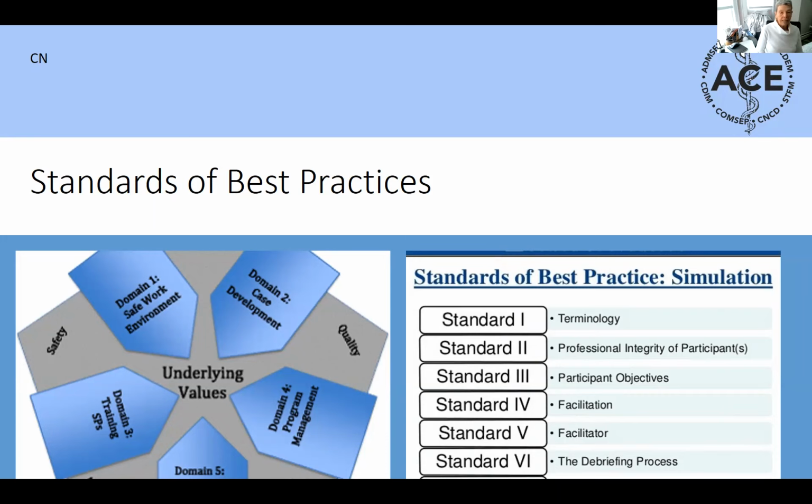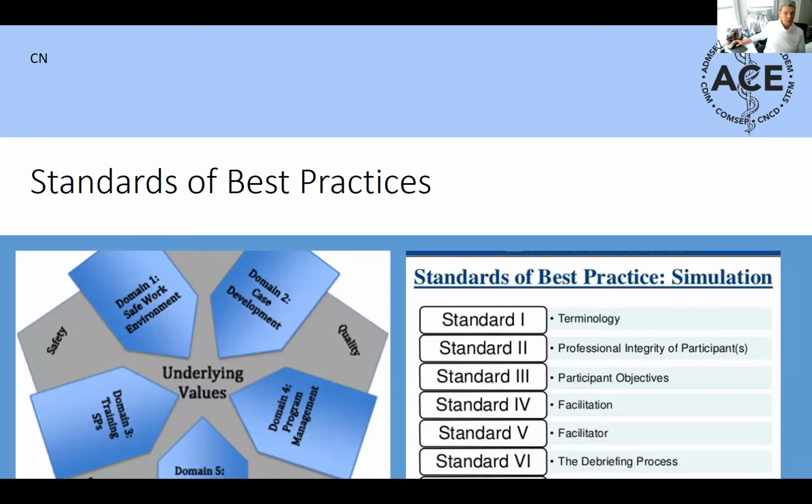That's been done by the International Nursing Association of Clinical and Simulation Learning, or INACSL. And best practices for SP educators in SP methodology has been developed by the Association for SP Educators. I really want to point these out as excellent references. Some of it is aspirational, but some of it is very much the kind of things we should be doing and how we should be doing them.